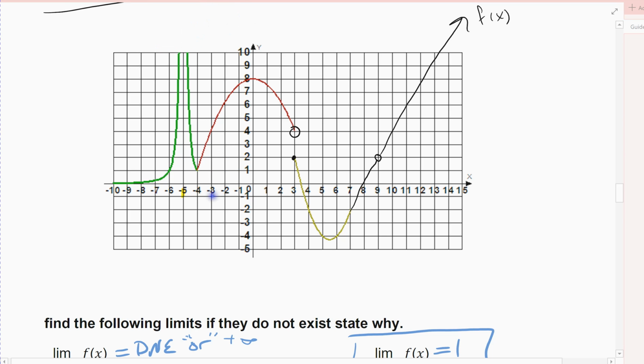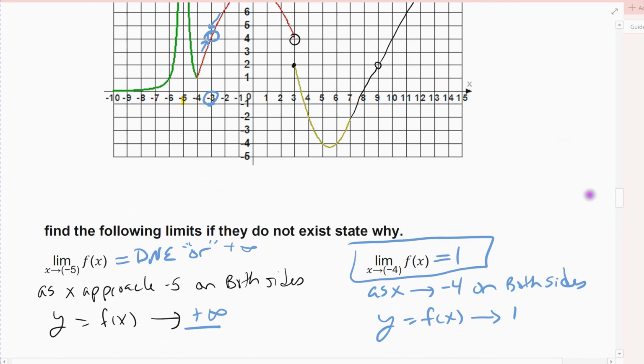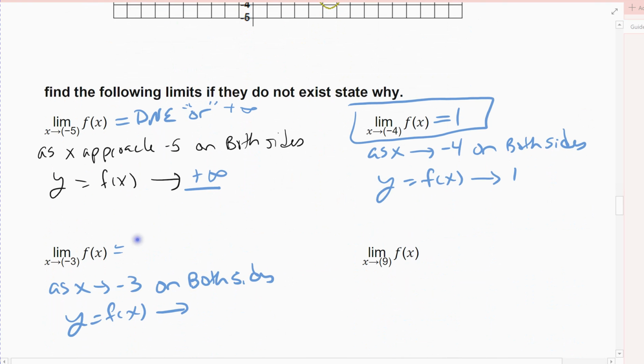All right, so -3 puts me here. There's my -3, and so I go up to my function. And so the left of -3 and the right of -3 look like they're approaching that moment. To me, it's pretty close to 4, so I'm going to say it's approaching the point -3, 4. And so from both sides, it's approaching 4.